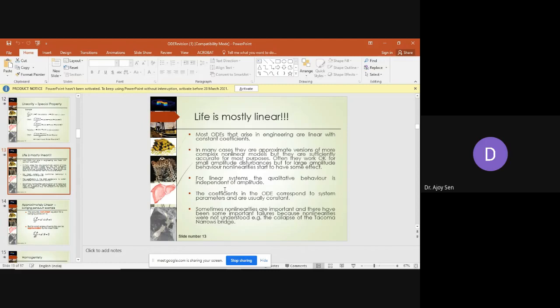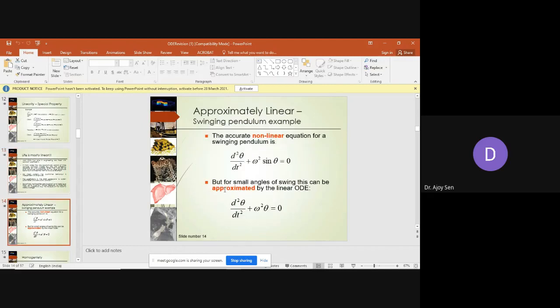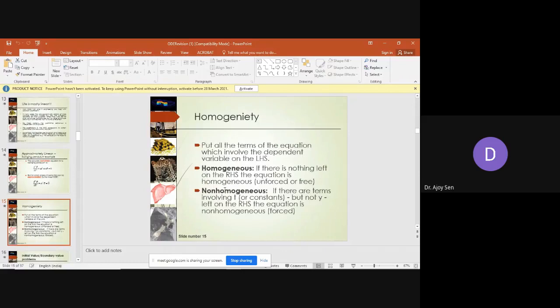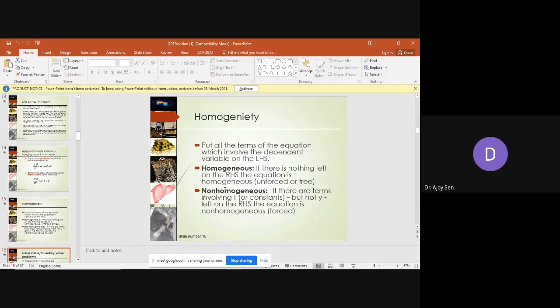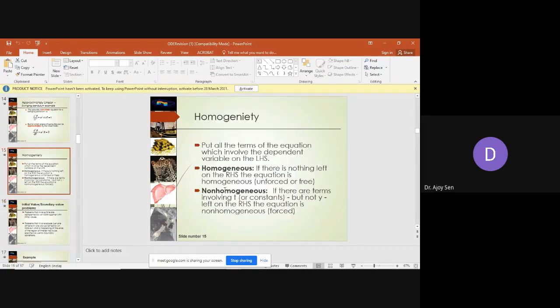As I have told you, it's very hard to solve non-linear equations, and even partial differential equations are very notorious. How do you actually linearize such equations? I am omitting this part.